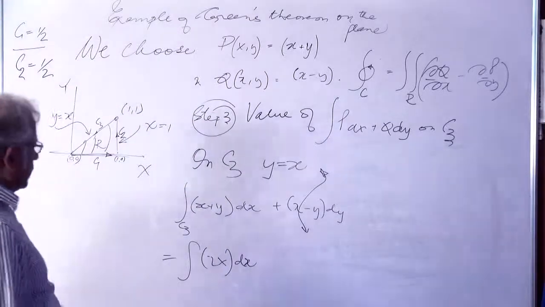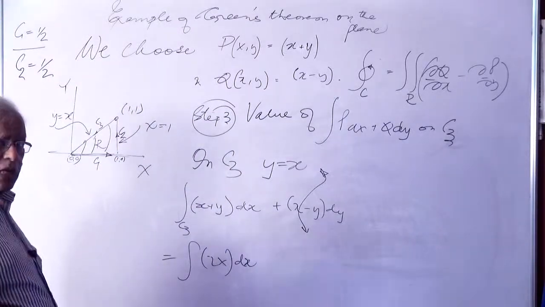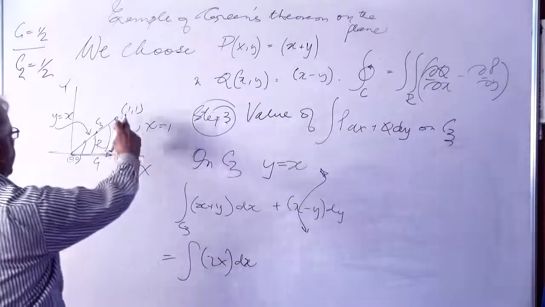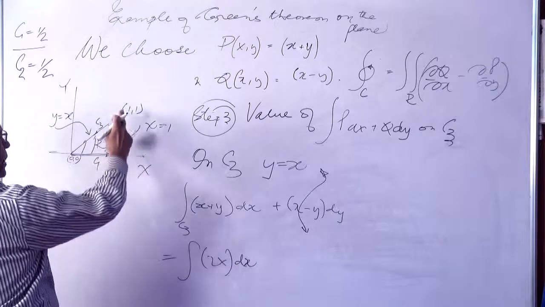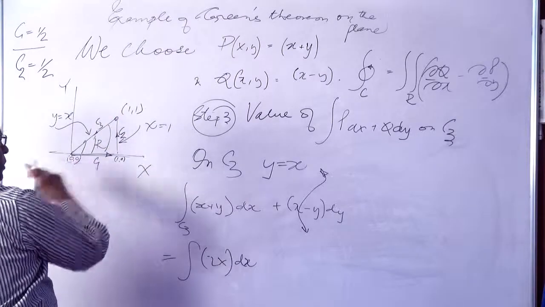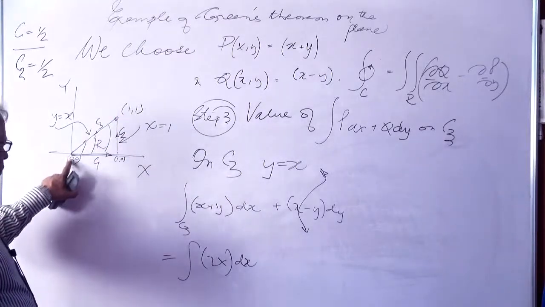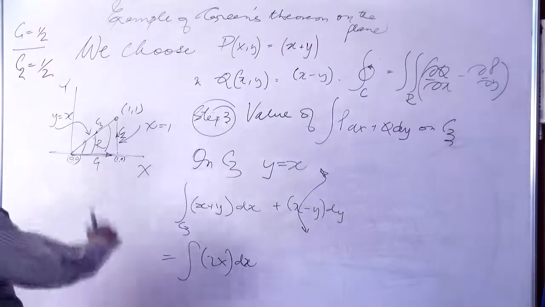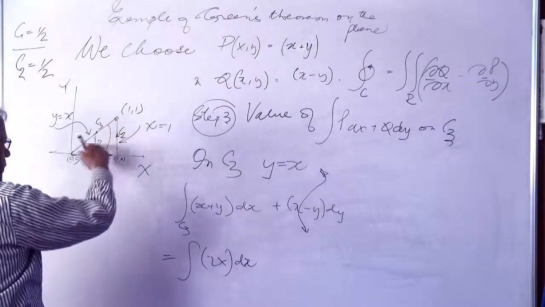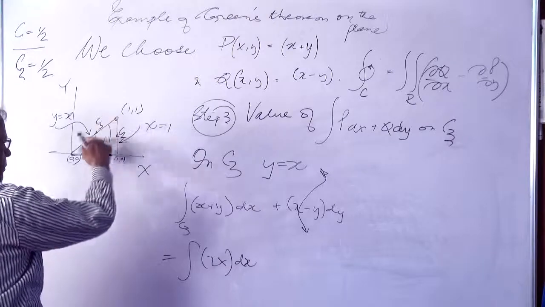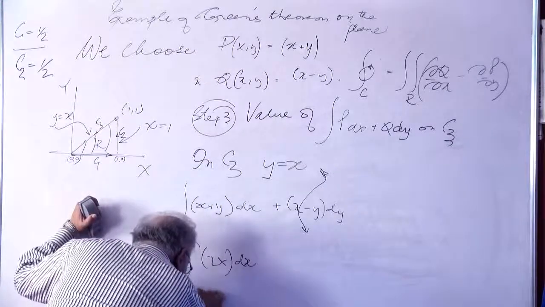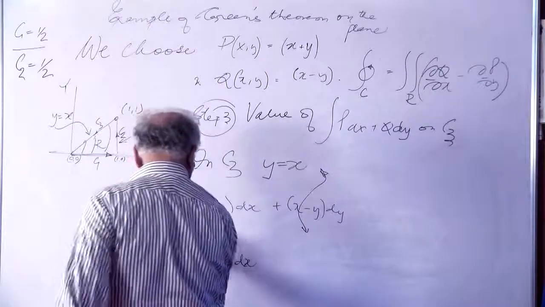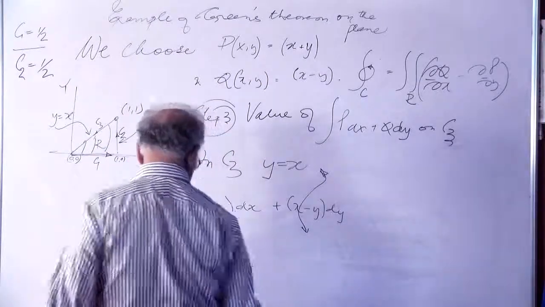Now what are the limits for x? One has to be very careful here because we are traveling from point 1, 1 to point 0, 0. So the limit for x is x equal to 1 to x equal to 0, not x equal to 0 to x equal to 1, because the direction of traverse is anti-clockwise. So we write x equal to 1 to x equal to 0.